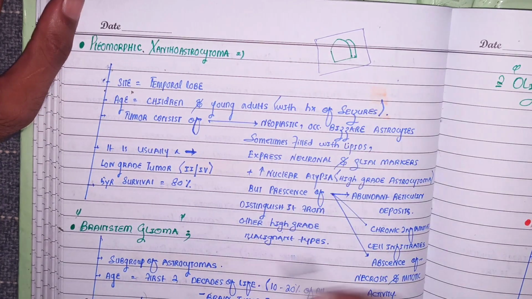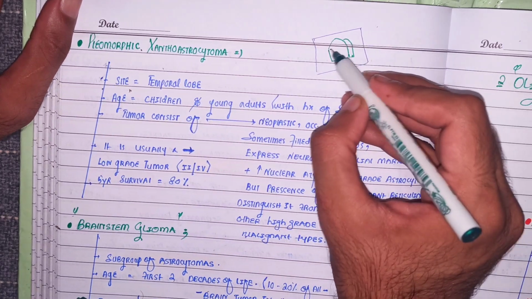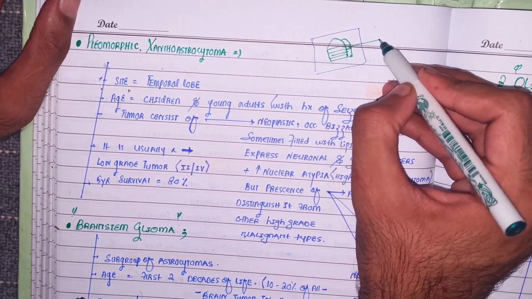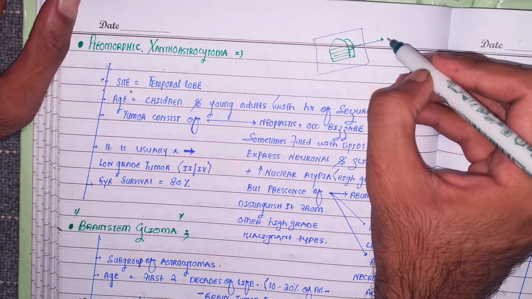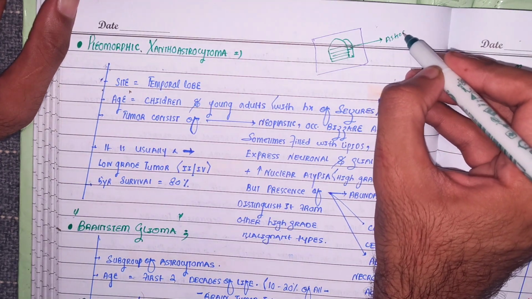Okay, and in this tumor you will see on the histopathology there is the presence of the cells, obviously because it is astrocytoma, so it must be composed of the astrocytes.